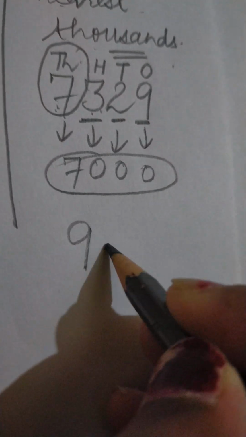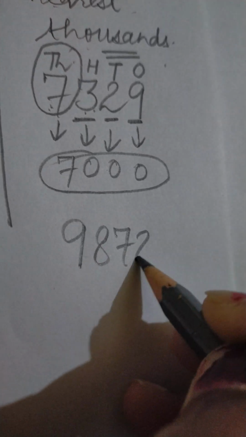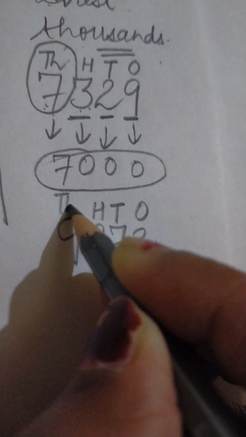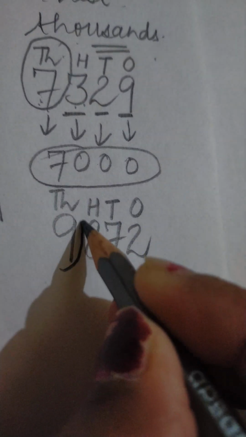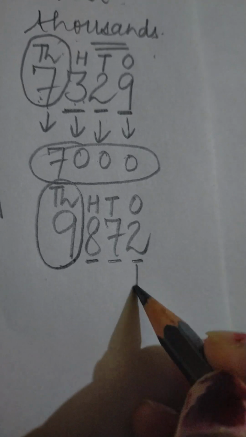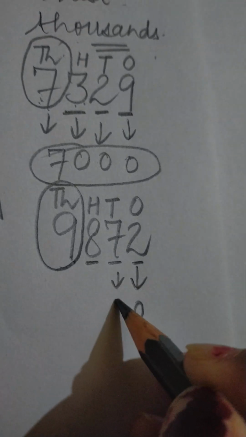Now see one more example. If it is 9872. This is ones, tens, hundreds, thousands. We have to round off to the nearest thousand. Other digits will be underlined, and underlined digits will become 0.